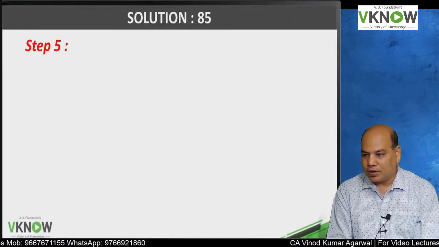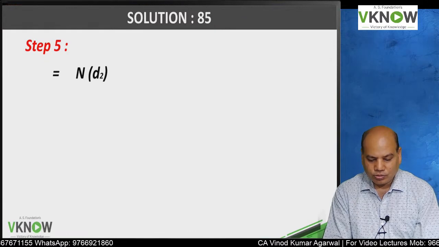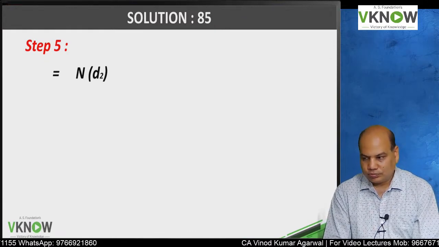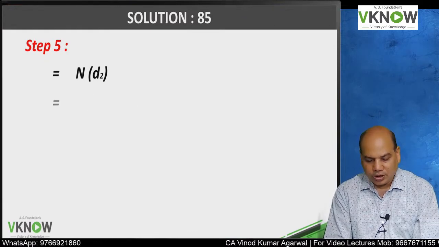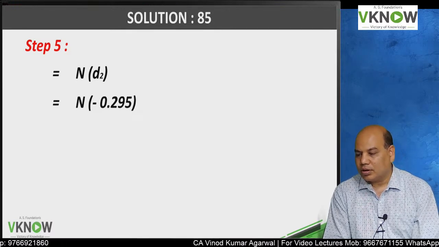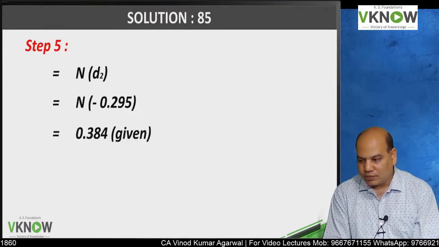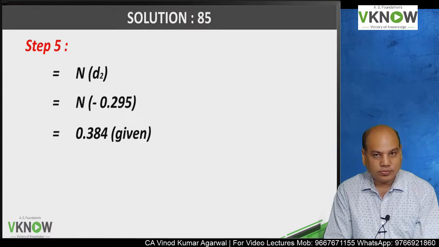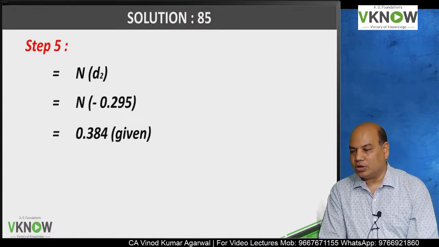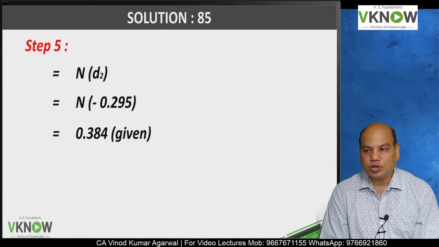Now write down step 5, ND2, under ND2 write n minus 0.295, which is given 0.384. If not given, you have to refer normal distribution table.